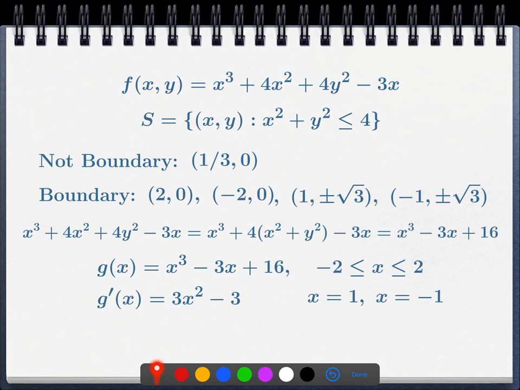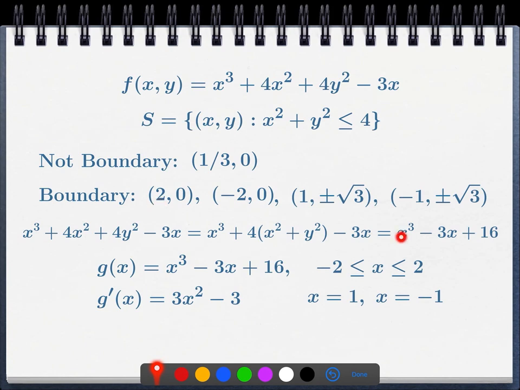We plug in x equals 1, we get 1 minus 3, which is minus 2, plus 16 gives me 14. So at these points, the value of f is just going to be 14. For minus 1, I get minus 1 plus 3, that's plus 2, plus 16 makes 18. So at these 2 points, the function has the value 18.